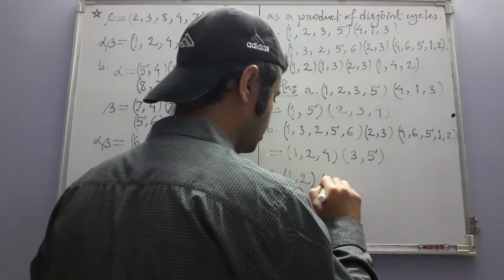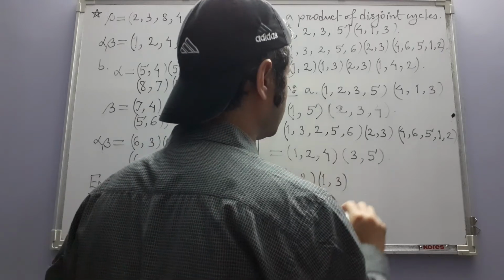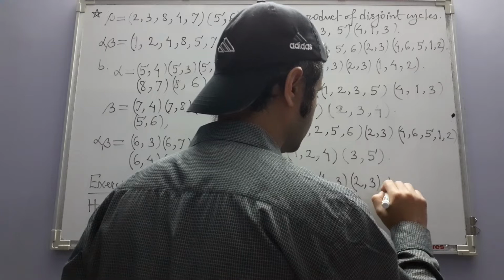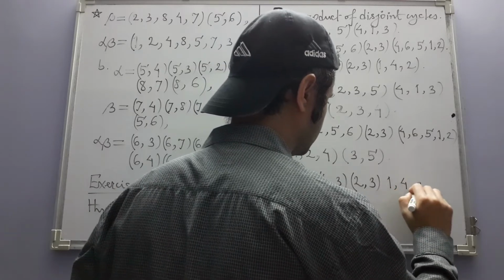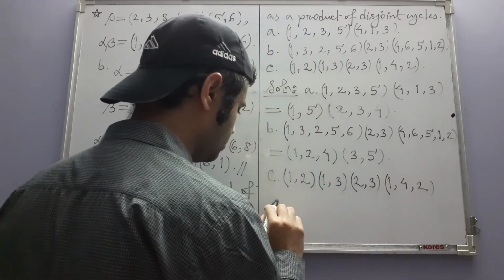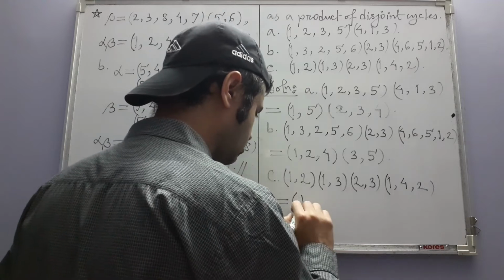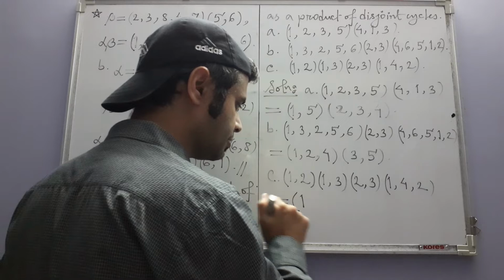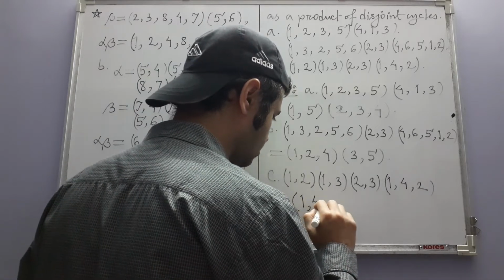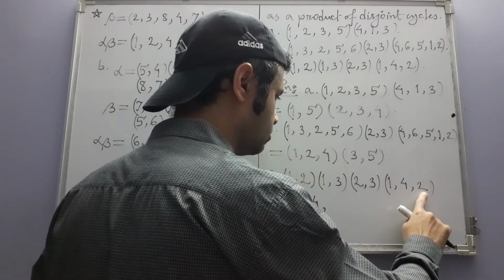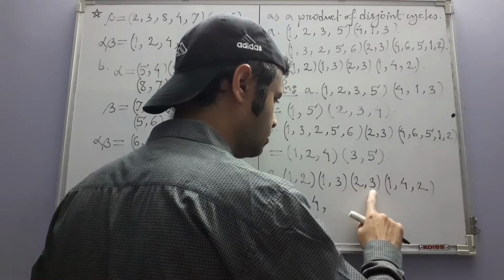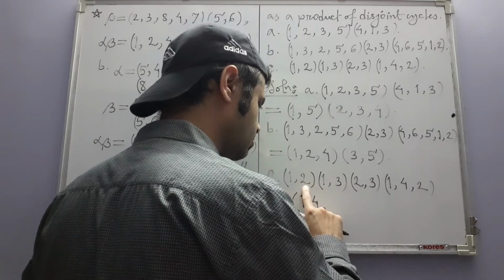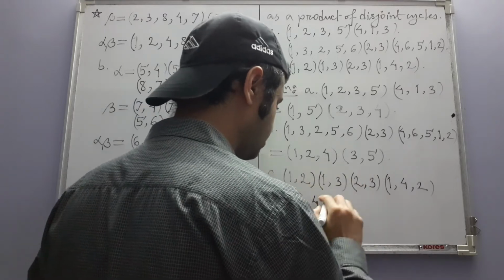1, 2, 1, 3, 2, 3, 1, 4, 2. 1 to 4, 4 is unchanged by these 3, so 1 to 4, 4 to 2, 2 to 3, 3 to 1, and 1 again goes to 2, so that means 4 to 2.